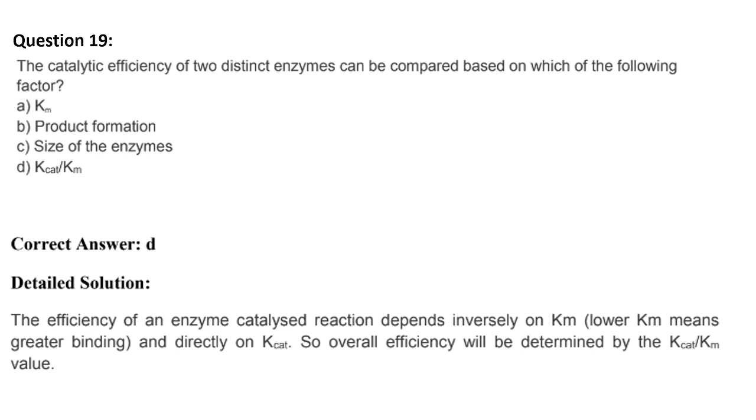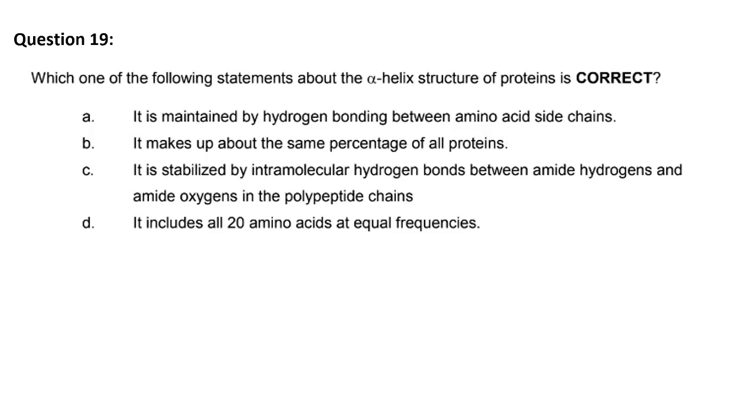Which one of the following statements about the alpha helix structure of the protein is correct? It is maintained by hydrogen bonding between amino acid side chains. It makes up about the same percentage of all proteins. It is stabilized by intramolecular hydrogen bonds between amide hydrogens and amide oxygens of the polypeptide chain.